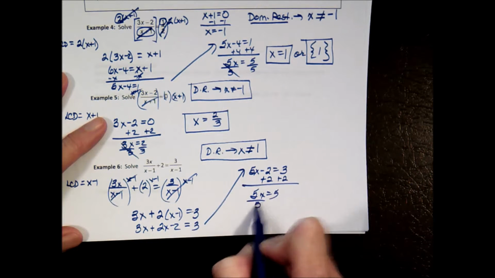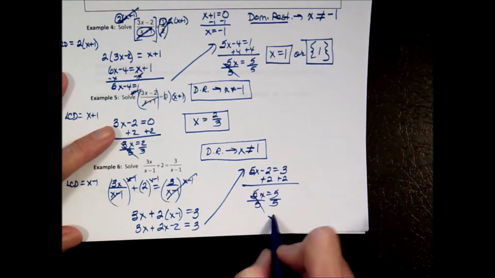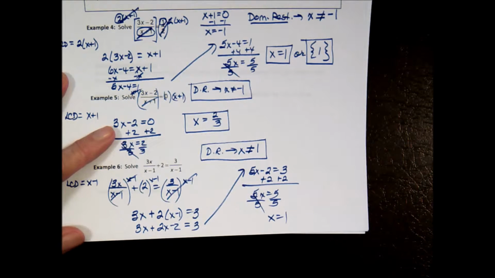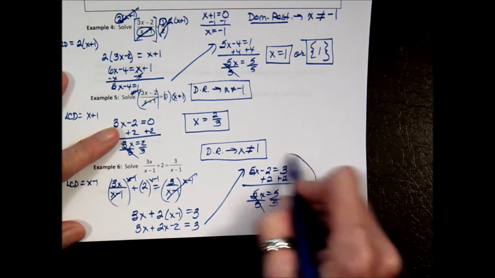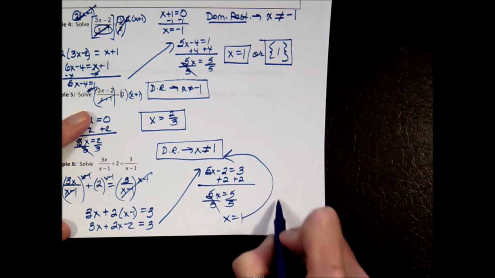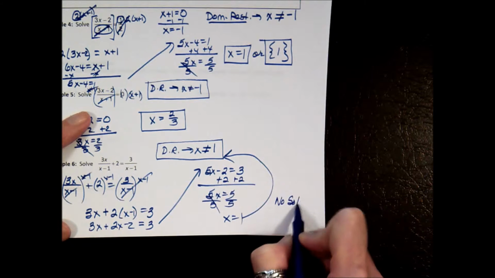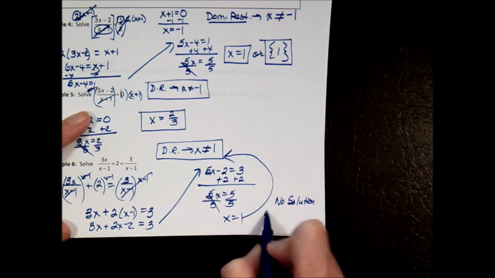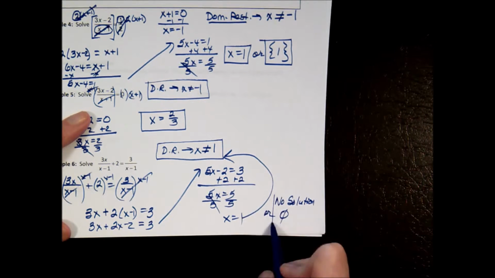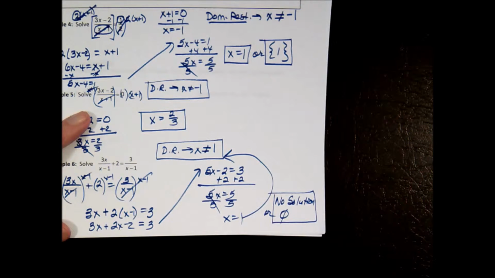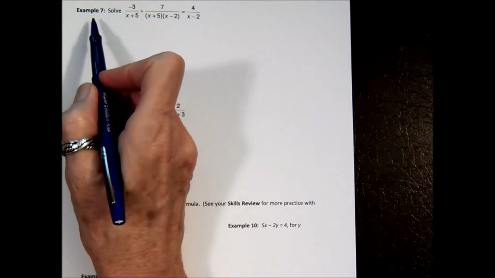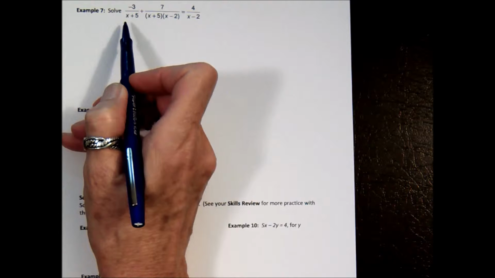I divide by the coefficient of the variable, and I get x equals 1. But remember our domain restriction. x cannot be 1, and so my answer is no solution or the empty set, whichever way you prefer to write it.